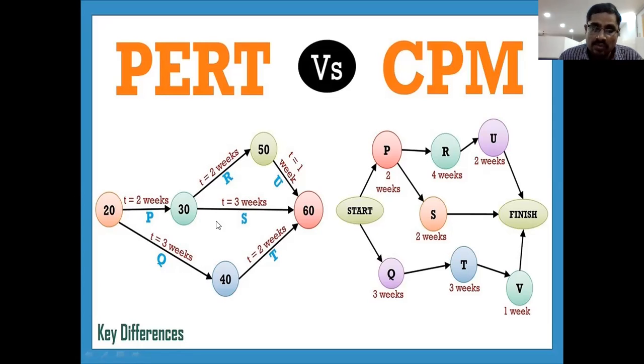So that's why it is probabilistic. CPM is deterministic and used for repetitive work. PERT is non-repetitive. CPM is used in construction and PERT is used in research and development, like satellite developments, for innovation and inventions. CPM is for repetitive construction activities, right?